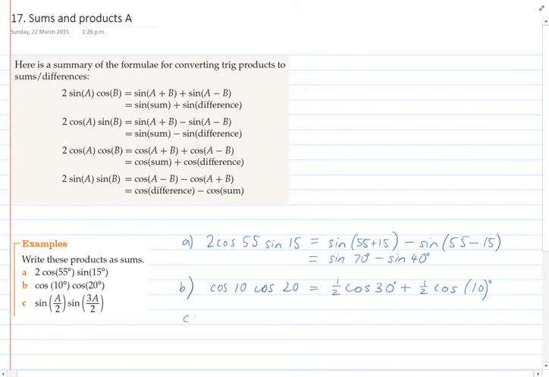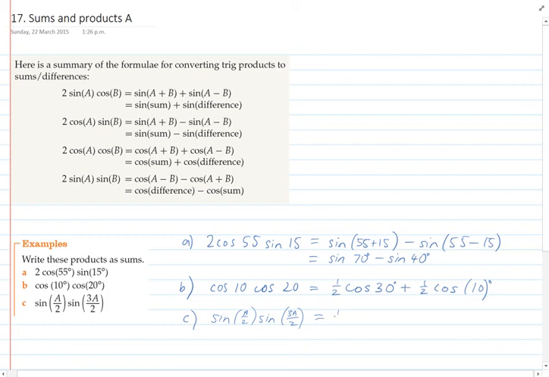Okay, so for our final question, we've got sine and sine, so here's sine and sine here. Also again, notice that there's no 2 in front, so we have to write a half. So it's going to be a half, well, we'll write it out first, sine a over 2 times sine 3a over 2.